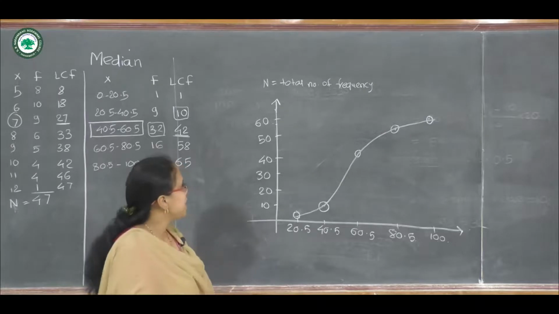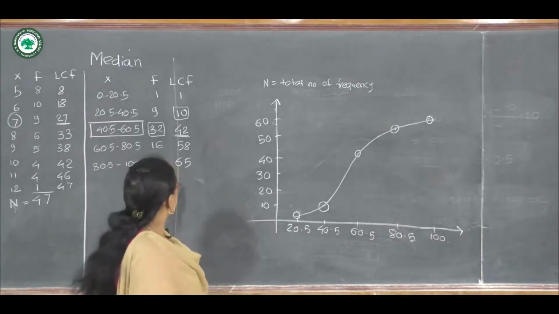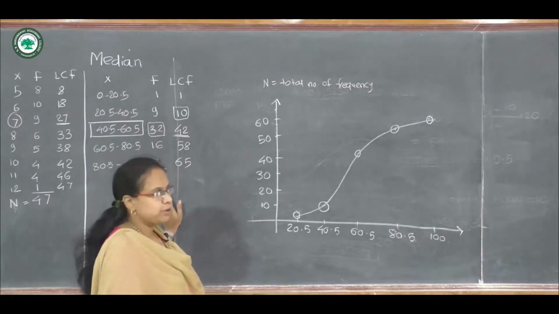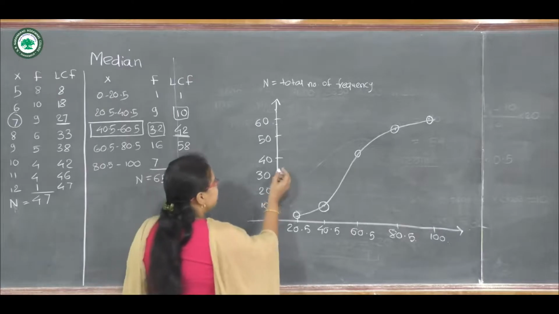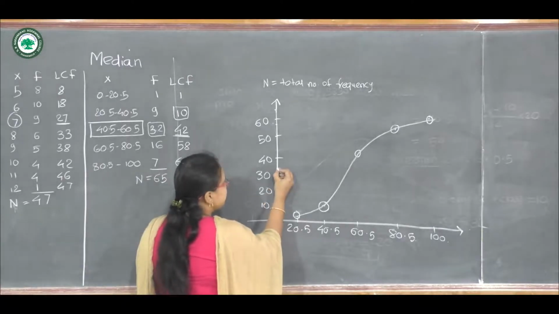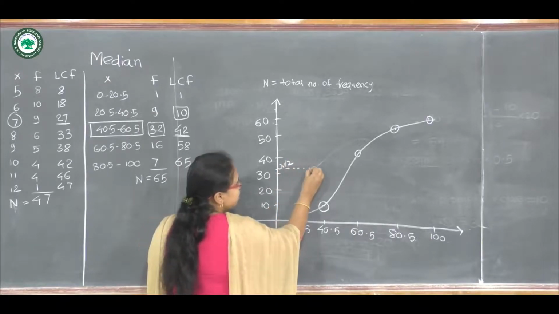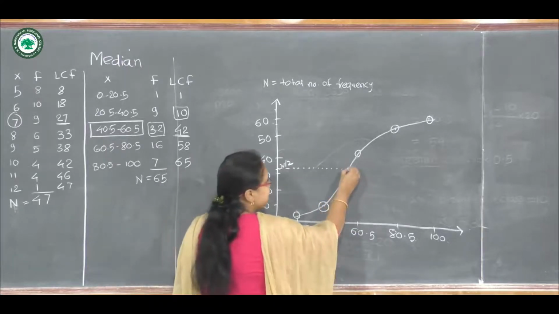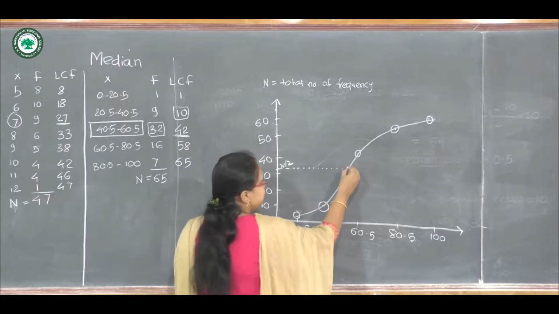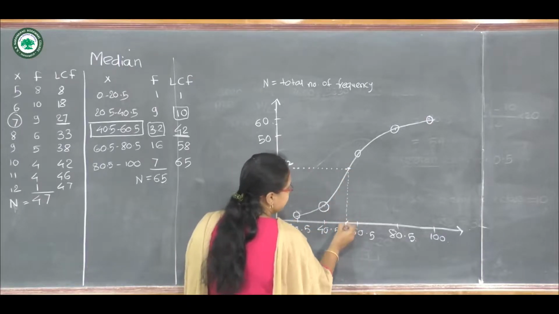So let's first find n upon 2. n upon 2 means 65 upon 2, which is 32.5. So locate 32.5 here. This is n upon 2, and we will draw a line parallel to the x-axis, and then at the point of intersection we will draw a perpendicular on the x-axis.